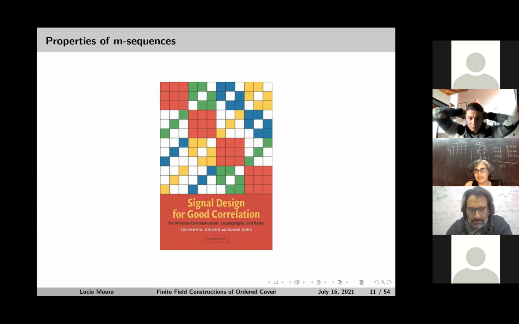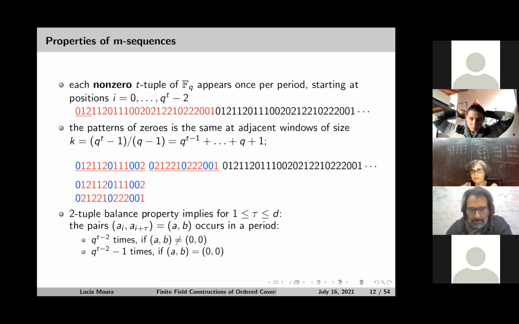So there's a lot to know about the sequence. This book of Golomb and Gong has many properties of those. Some of them are very important for our construction, so let's take a look at some of them. First, as I look at windows or sub-intervals of length t over the sequence, starting at the first position and then running through the period, I will visit every t-tuple of the alphabet exactly once, except the all-zero tuple.